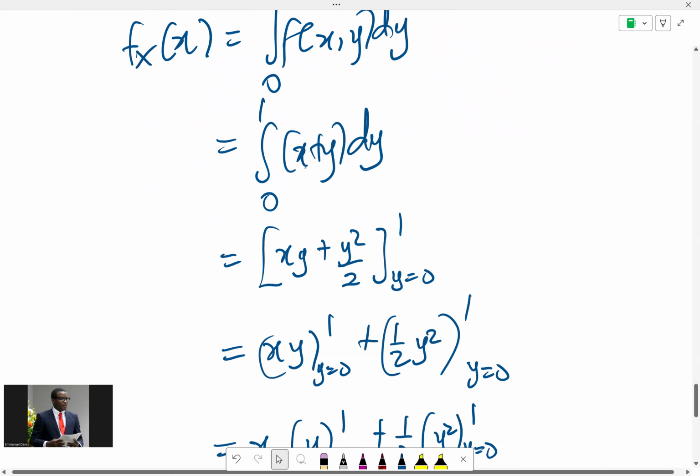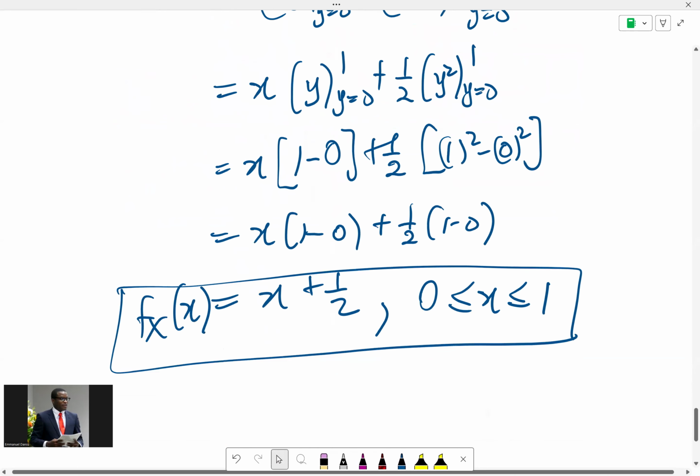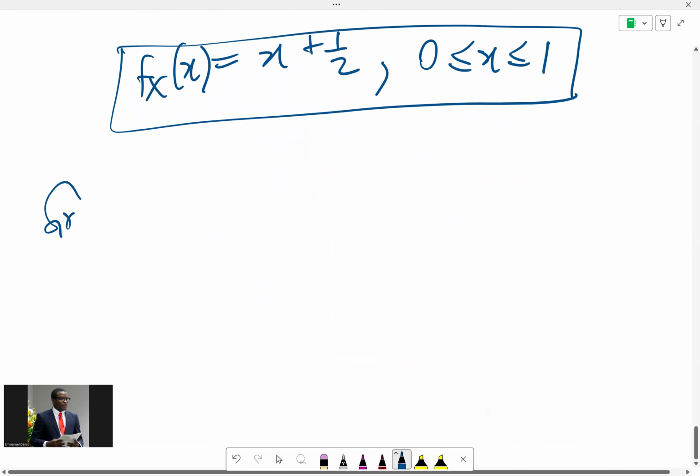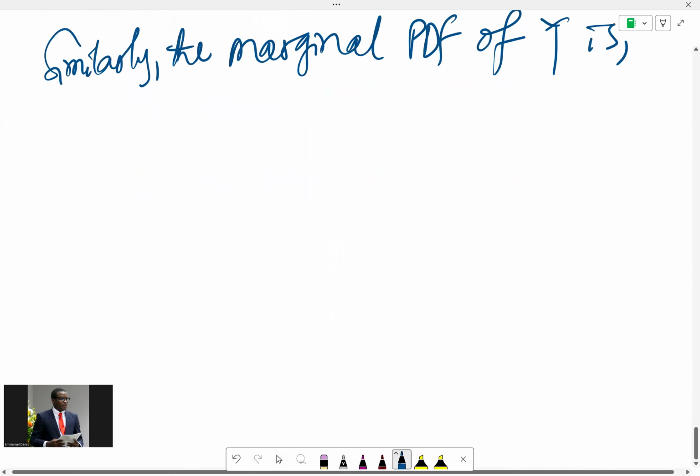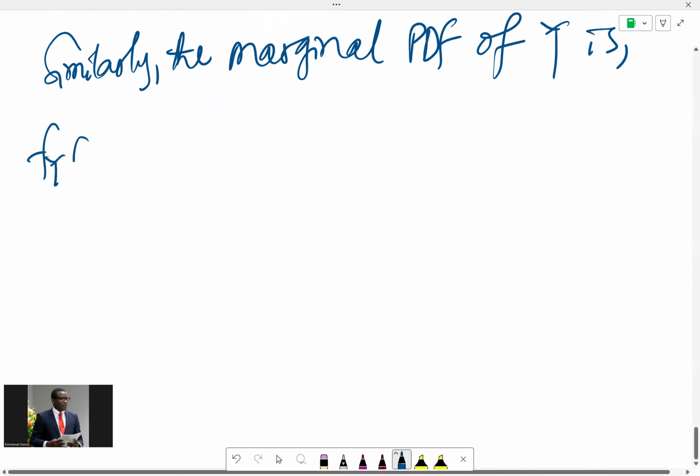For the other part, we have similarly the marginal PDF of y, which is f of y, which is the integral from 0 to 1 of x plus y dx.